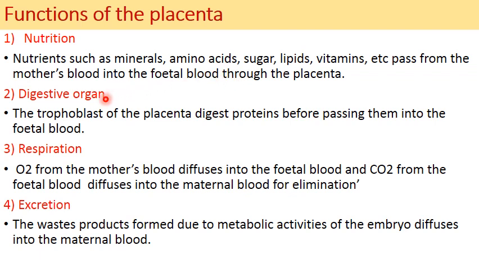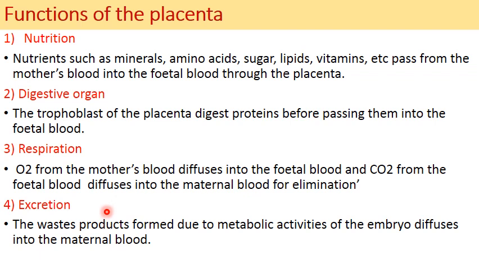Next function will be as a digestive organ. So the trophoblast of the placenta digests proteins before they are passed to the fetal blood. And then the third function will be respiration. Oxygen from the mother's blood will diffuse into the fetal blood, and carbon dioxide from the fetal blood will diffuse back into the mother's blood for elimination.